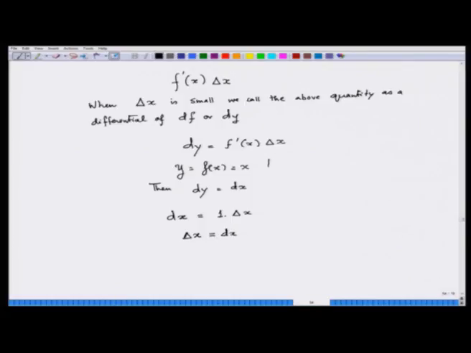So delta x essentially is then called the differential of x. That is why the differential of y tells the change of y when the change in x is very small: it is nothing but the derivative of f at x into the differential of x.